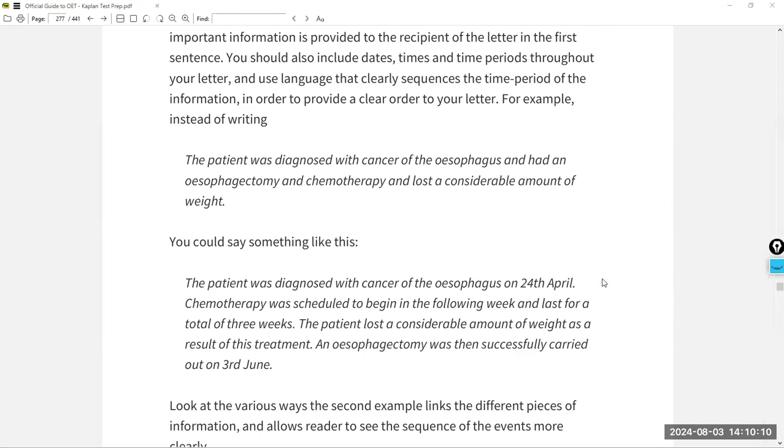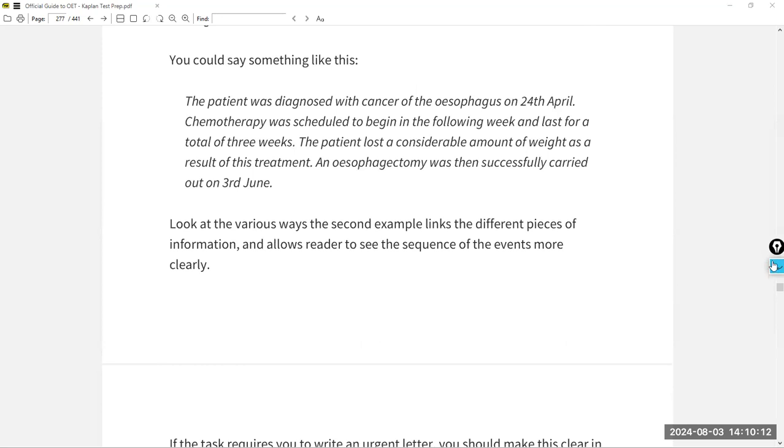Now, look at the various ways the second example links the different pieces of information and allows the reader to see the sequence of the relevant events more clearly.